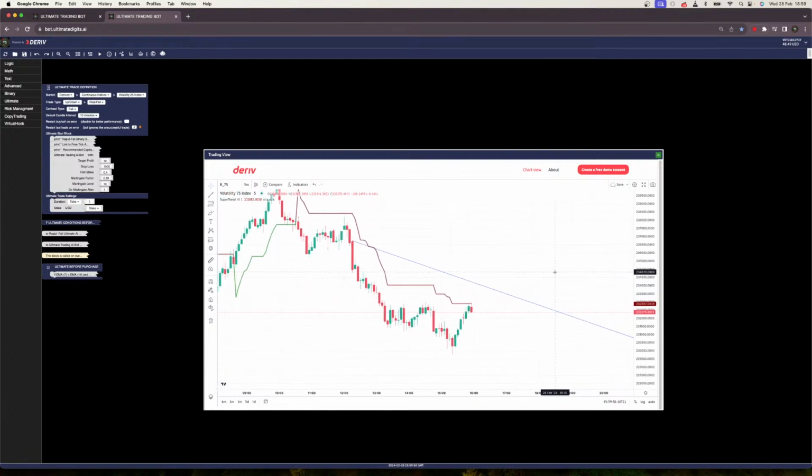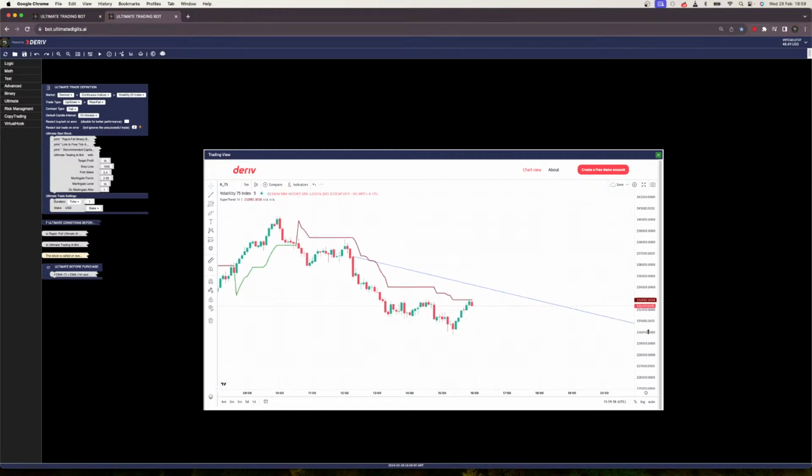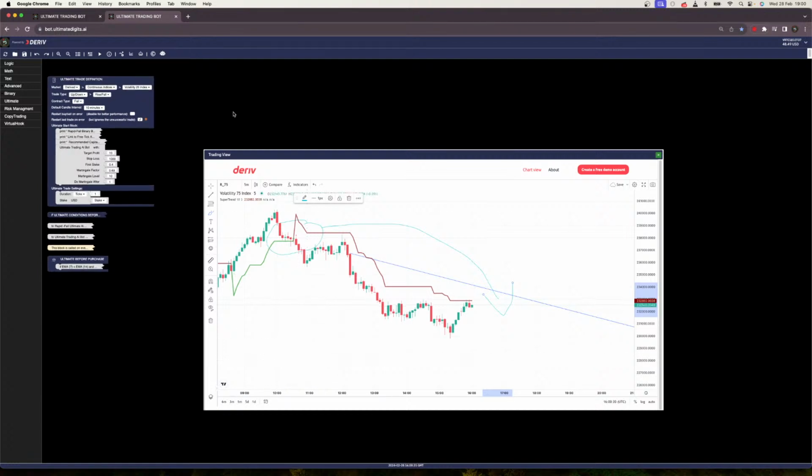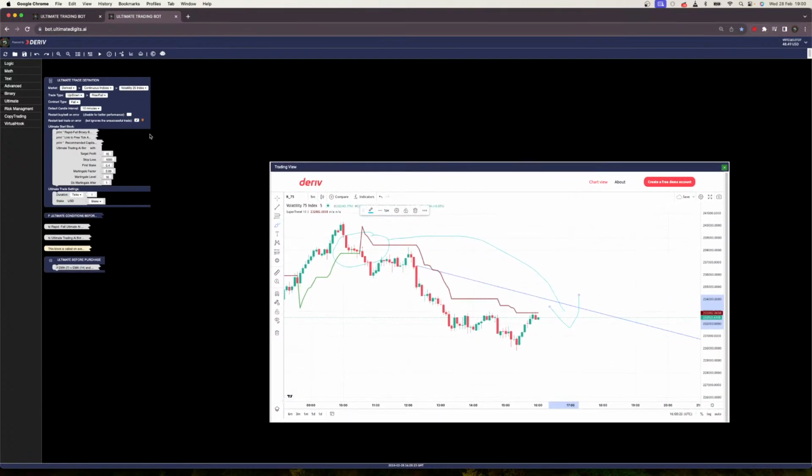And this is a perfect time to run the bot on volatility 75 index, because you can see price has started running from this area here, and up to now it's on a continuous downtrend momentum. So quickly set the bot to volatility 75 index market.